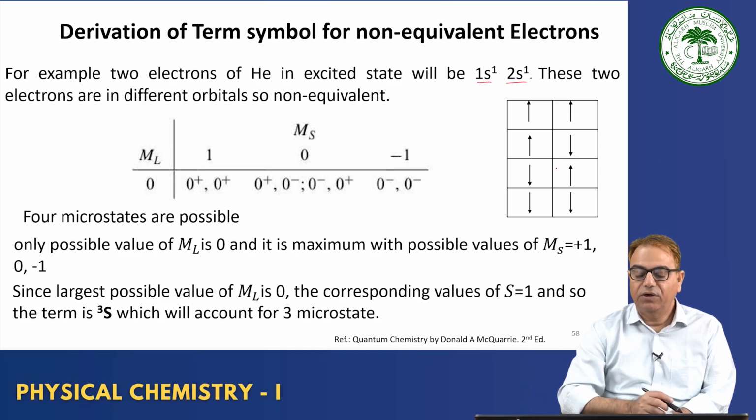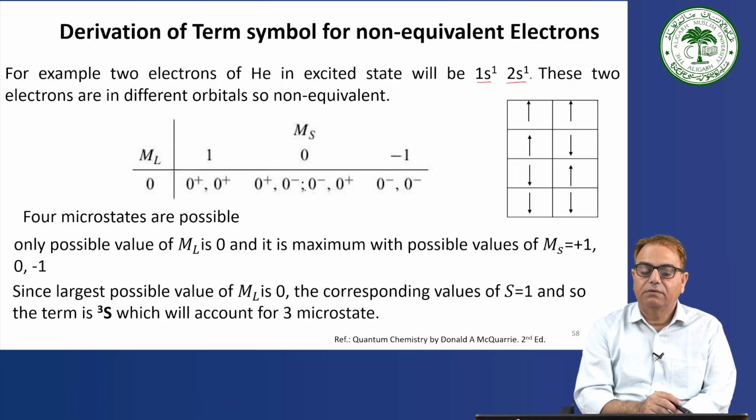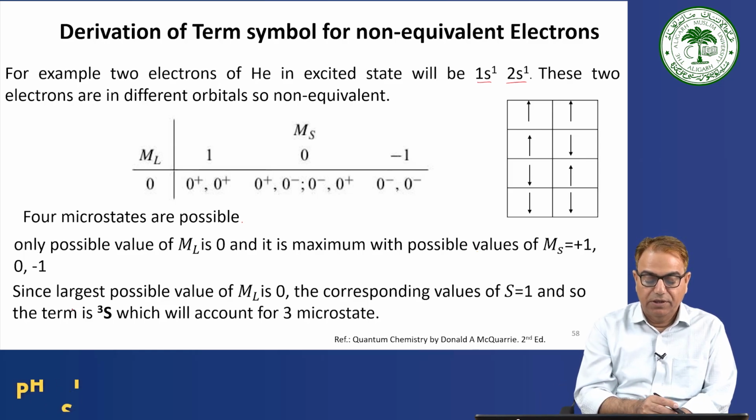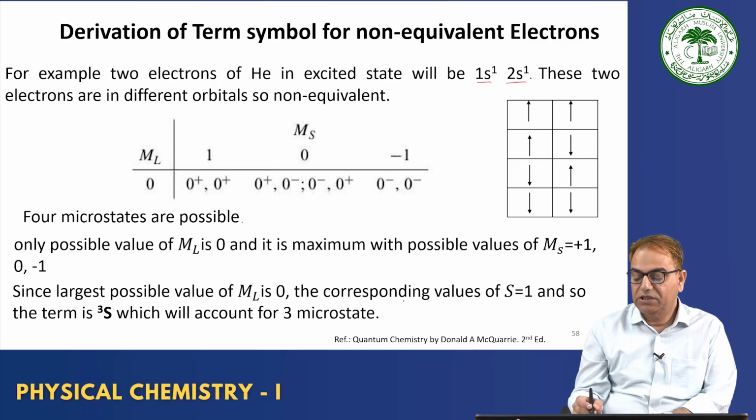For these 4 different states, you can write the macrostates. Since we have now done all those calculations, it is easy for you to understand. The only possible value of ML is 0, and it is maximum. MS is equal to plus 1, 0, and minus 1. Since the largest possible value of ML is 0, the corresponding value of S is equal to 1, and so the term is triplet S, which will account for 3 microstates.